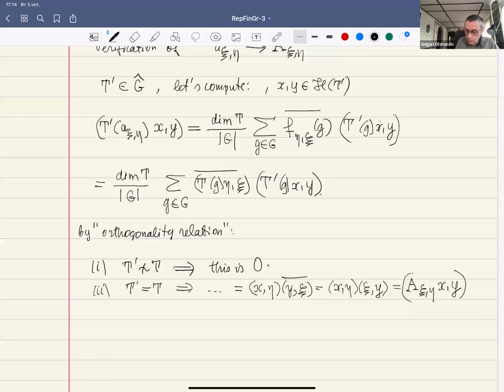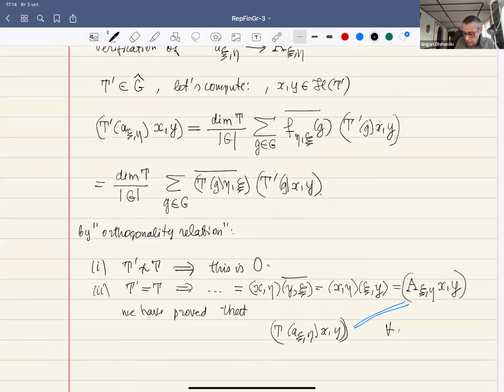So we have proved that T is equal to this one.